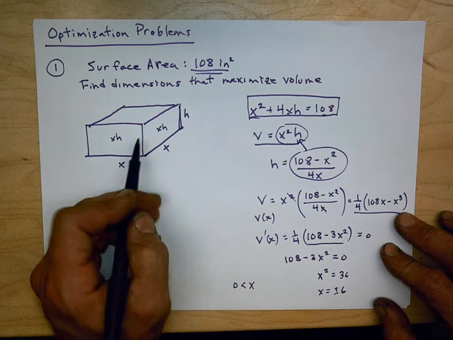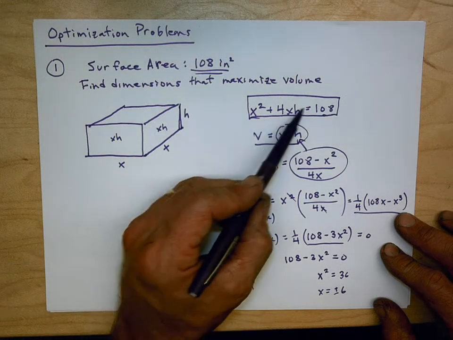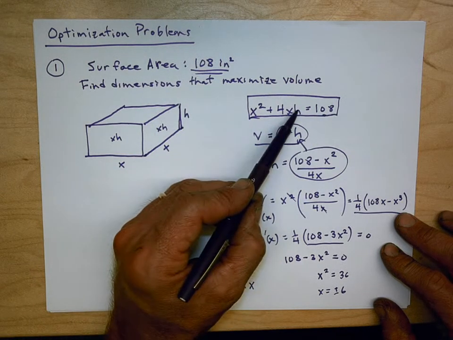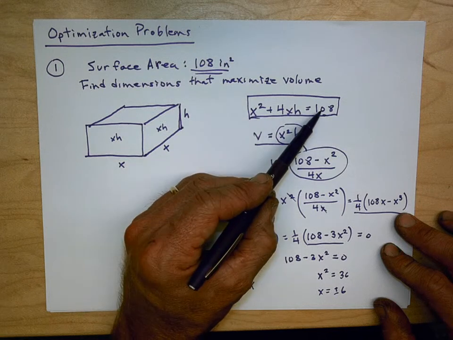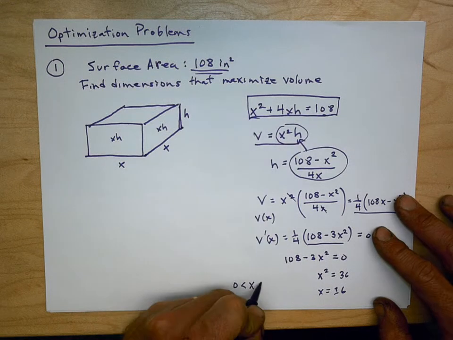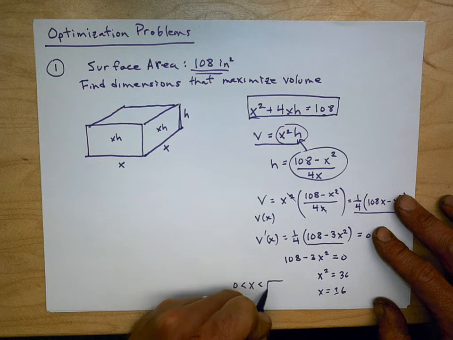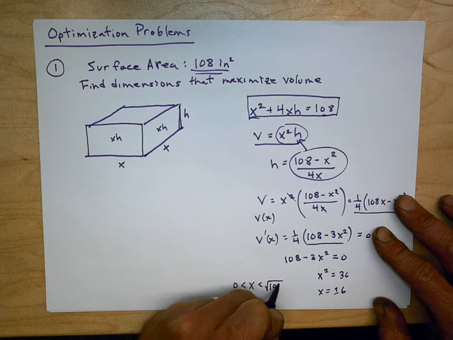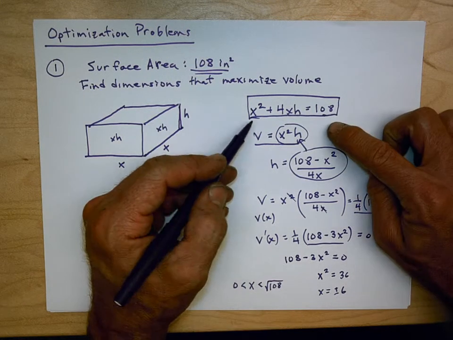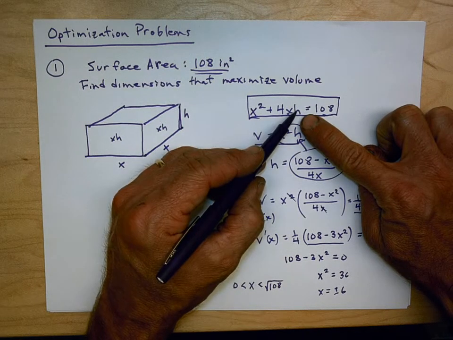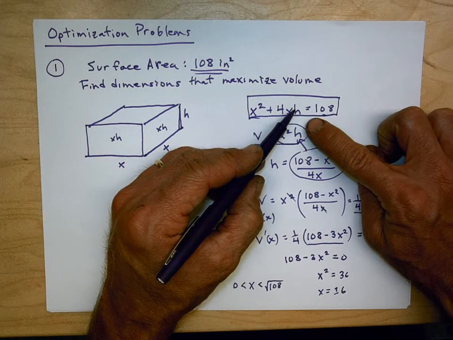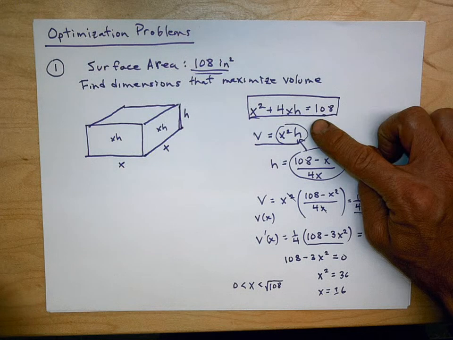On the other side, if h was 0, then x squared equals 108. So x would have to be less than the square root of 108, because if x is greater than or even equal to the square root of 108, then h would be 0 or negative, and that doesn't make any sense.